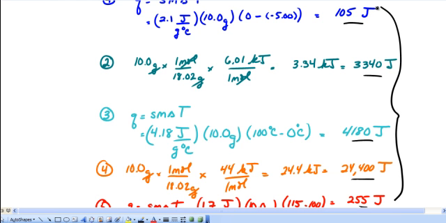It looks like it takes 32,280 joules of energy to get the job done.